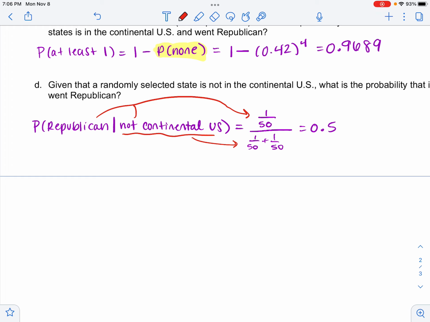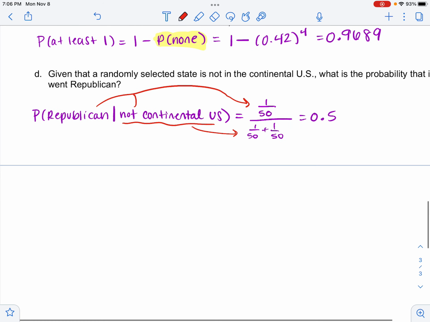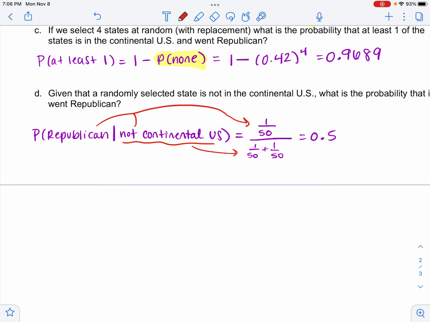So let's rewrite the formula so we remember what it is. Probability of A given B is equal to probability of A and B over probability of B. So Republican and not continental U.S. is 1 out of 50, over 1 over 50 plus 1 over 50. So we get 0.5 there.